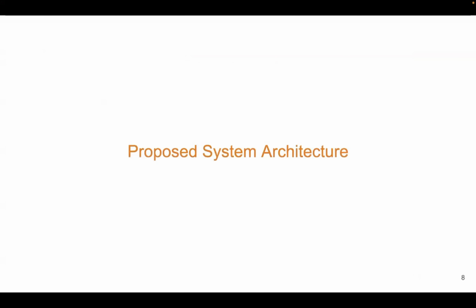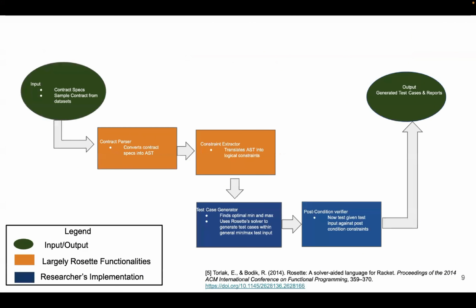Now, for my proposed architecture, please refer to the legend on the left side of the screen for any reference throughout my presentation. I begin with an input that contains contract specifications and sample contracts from data sets. I feed this into a contract parser and then a constraint extractor.